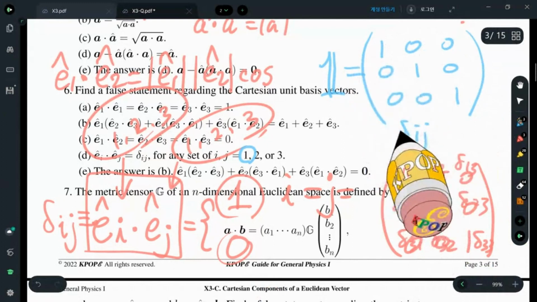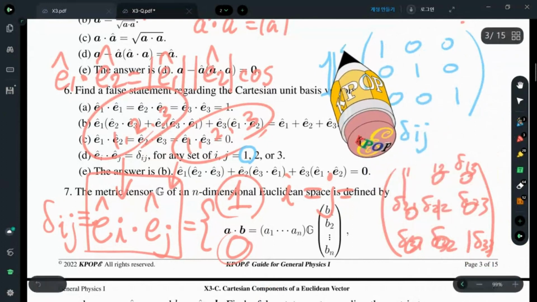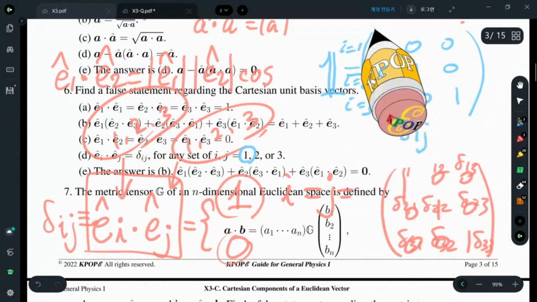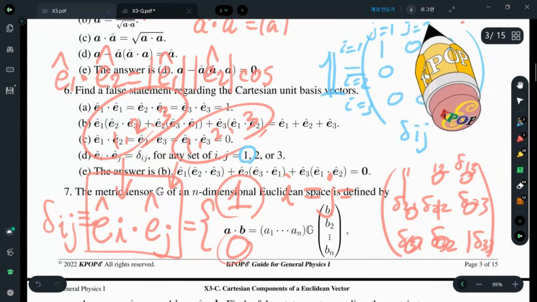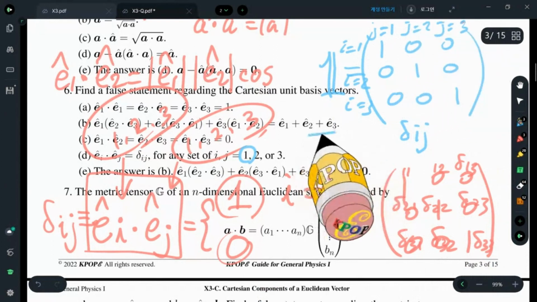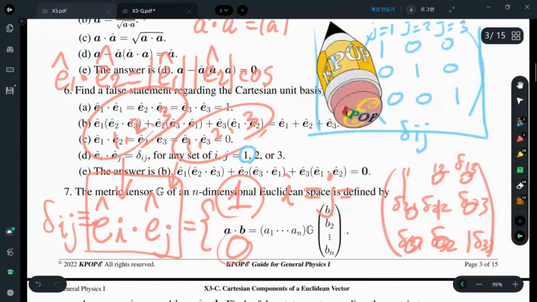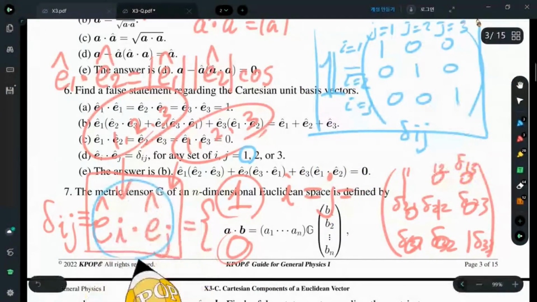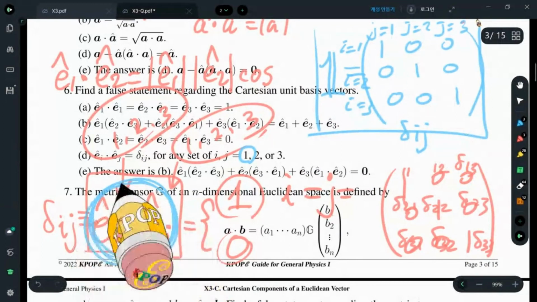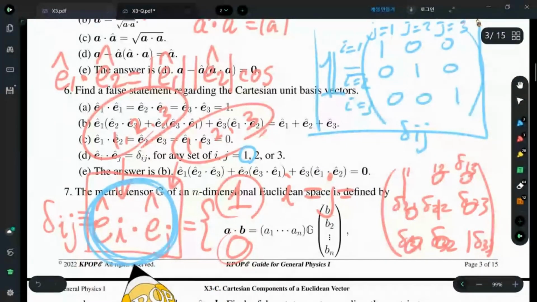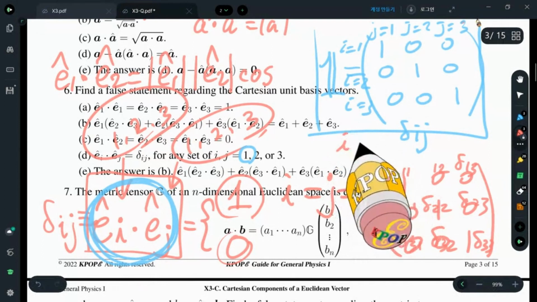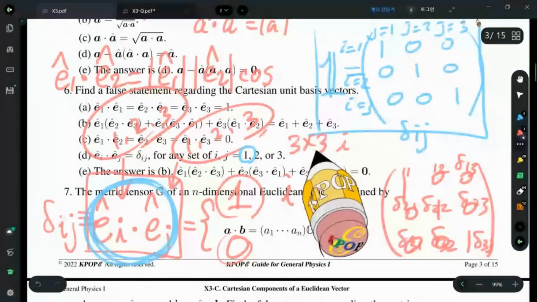That means i equals 1, 2, 3 and j equals 1, 2, 3. So just remember, this is nothing but the multiplication table of the Cartesian unit basis vectors. This one we name the identity 3 by 3.